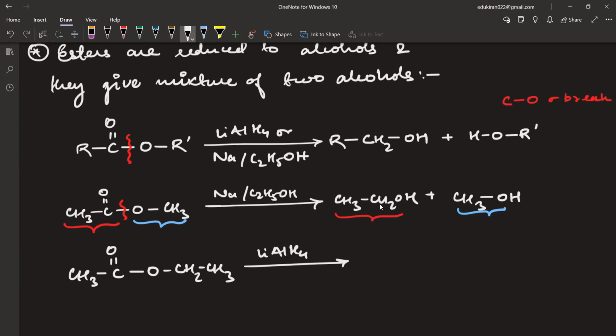What is the product formed? Tell me, guys. In this case, CH3, CH2OH. I will be getting from here also the same thing, and from here also the same thing, right? 2 carbons here, 2 carbons there. So I will be getting 2 moles of CH3CH2OH.